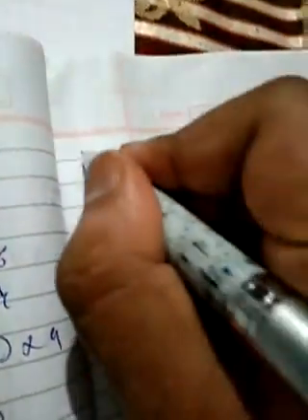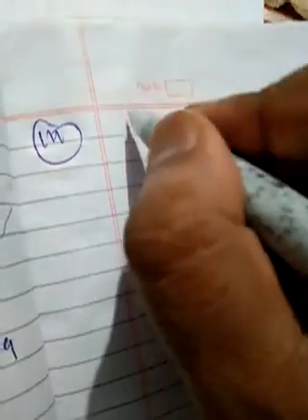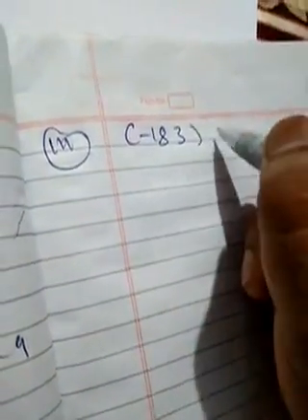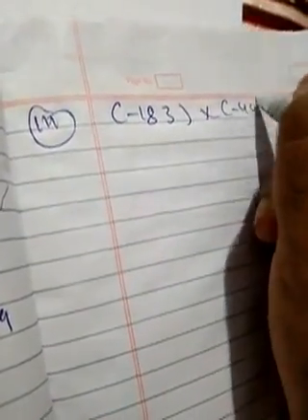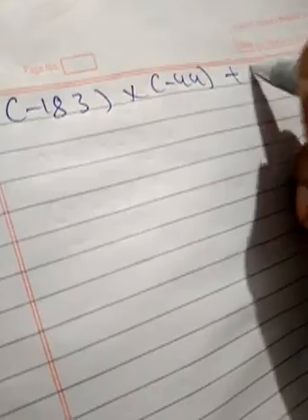Now, next part, that is the third part. Minus 183 into minus 44 plus minus 183 into minus 56.